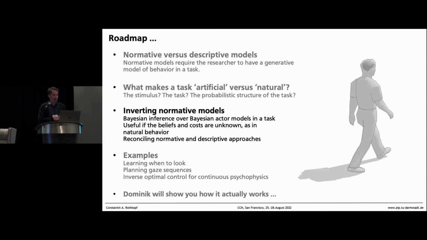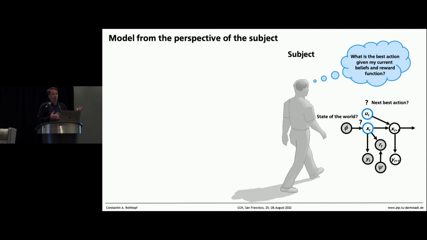So what's that about? Well, the way I showed you the ideal observer, I think Dominic will show you the details, but in psychophysics, for the ideal observer, you always assume the subject has the correct model of what's going on in the experiment.